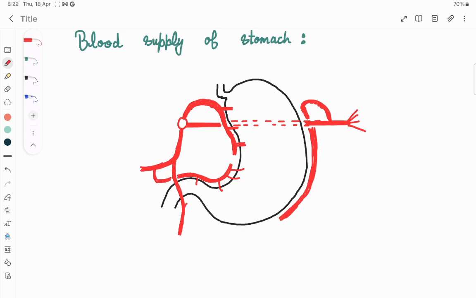And then we have the right gastroepiploic artery, which arises from the gastroduodenal artery. The right gastroepiploic artery supplies the stomach directly, and the left gastroepiploic artery supplies the stomach directly. Then we have the short splenic arteries.